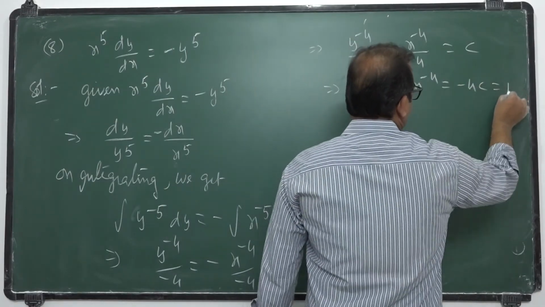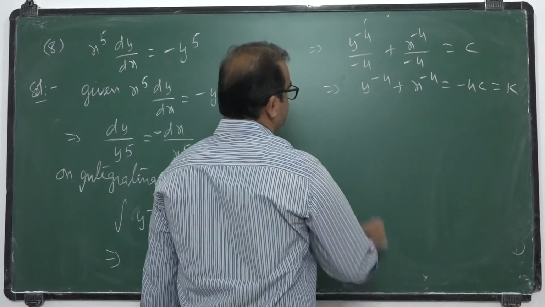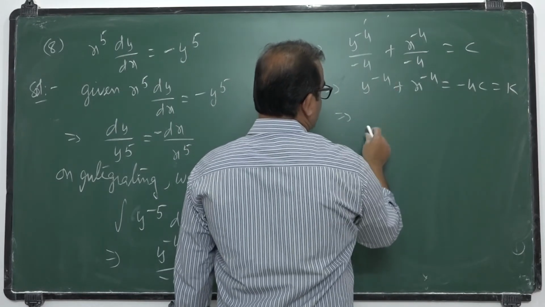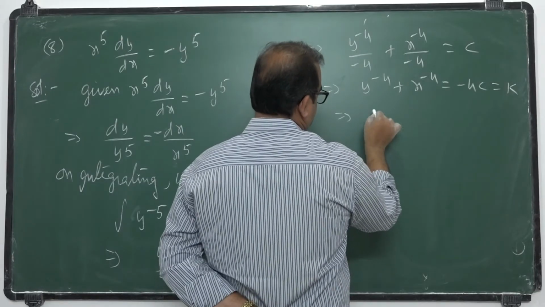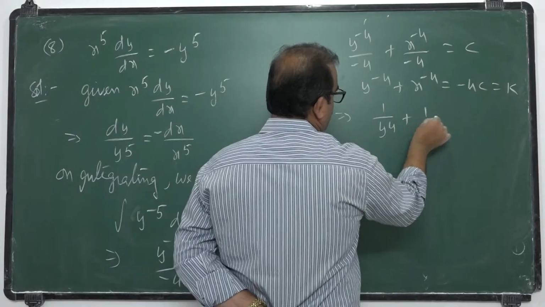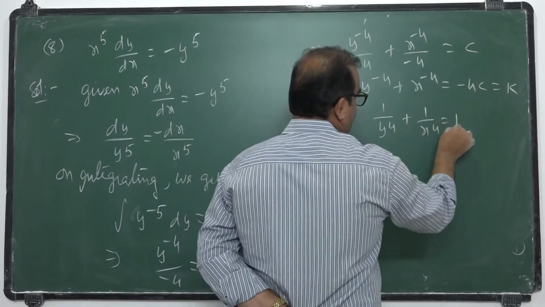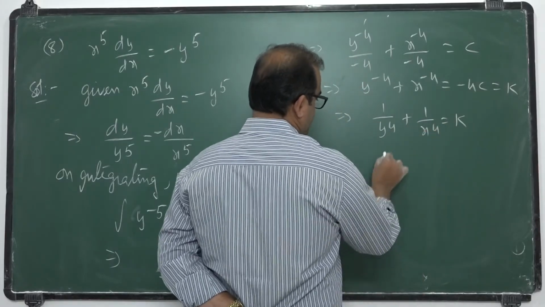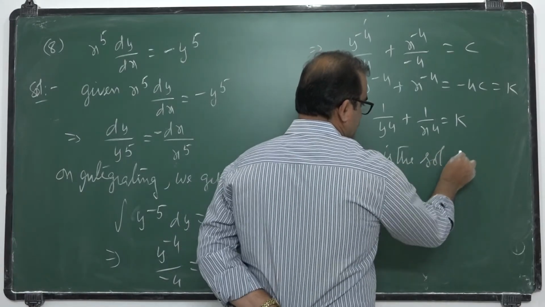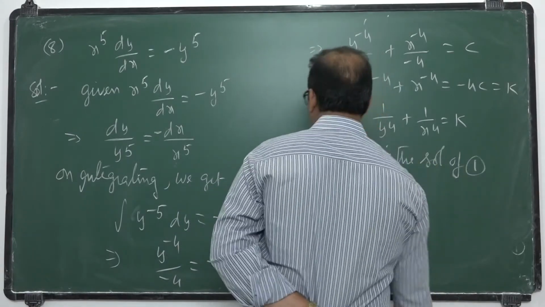Now let it be taken as some constant k. From this, y power minus 4 is taken as 1 by y power 4, plus 1 by x power 4 is equal to k. This is the solution of equation 1.